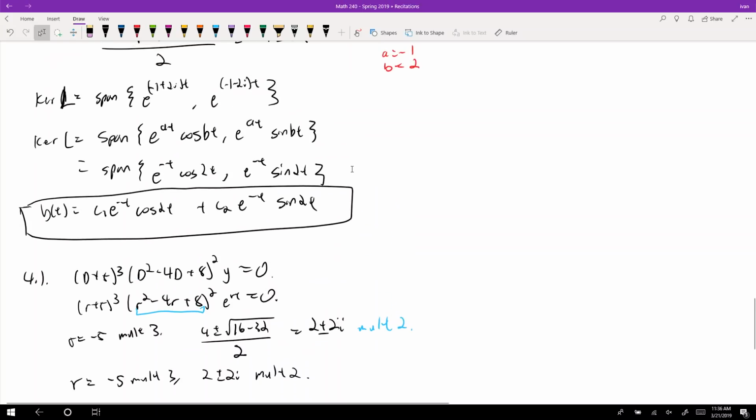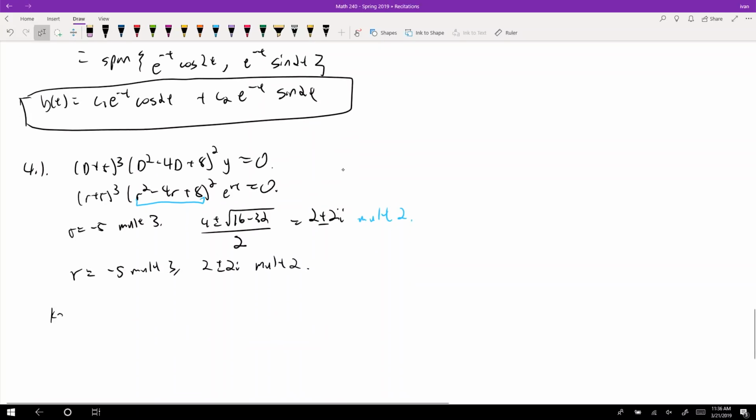So how do we do this? What's the kernel of L? The kernel of L is the span of e to the -5t, e to the -5t, e to the -5t, and then we realize we need our t and t squared in front of these to make them linearly independent. The same thing happens here: e to the 2t cosine 2t, e to the 2t sine 2t.